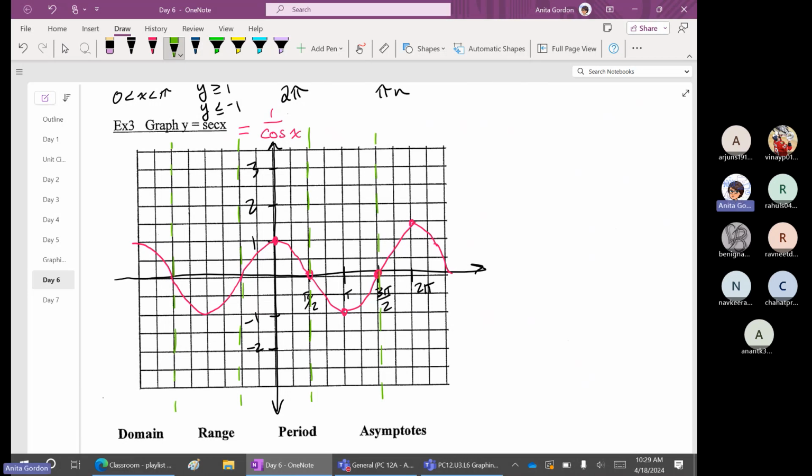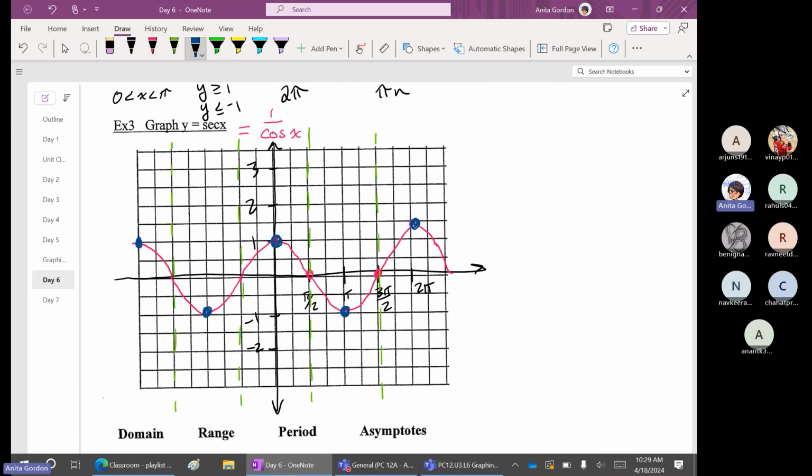Then I have a value of 1. 1 divided by 1 is still 1, so there's a point. 1 divided by negative 1 is negative 1 to the bottom, so that's my starting point.